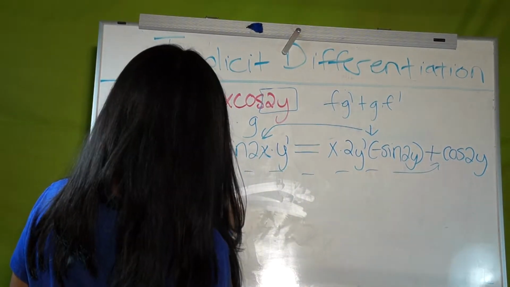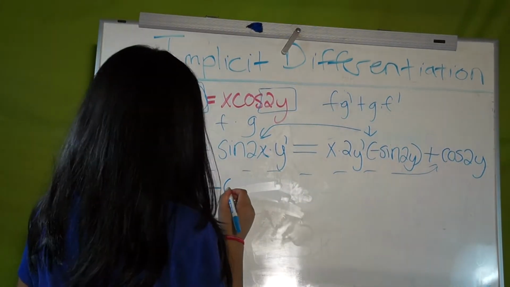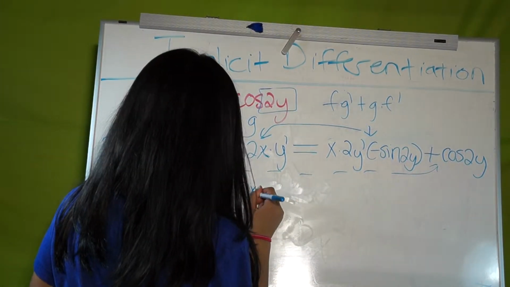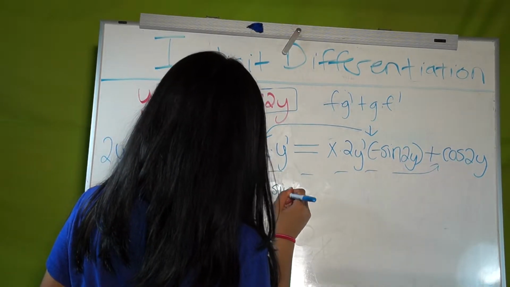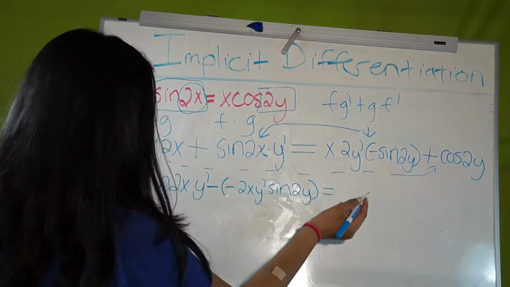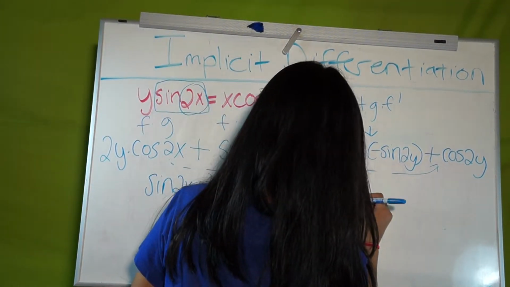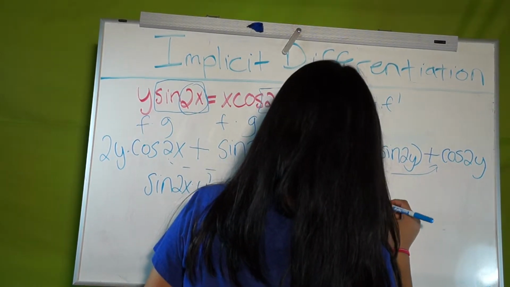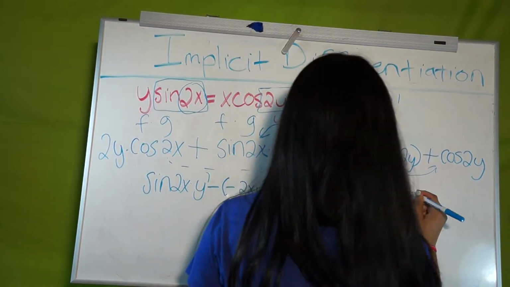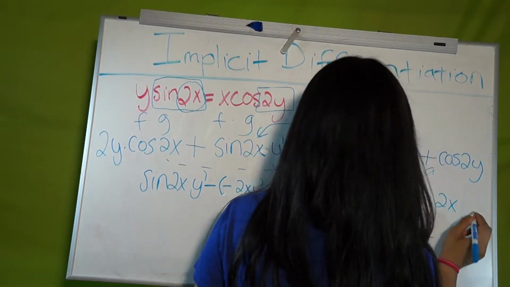Of course, you bring this out in front, so it'll be negative. Once you subtract minus 2x y prime sine 2y equals this, subtract this from here and put it over here, so then you're left with cosine 2y minus 2y cosine 2x.